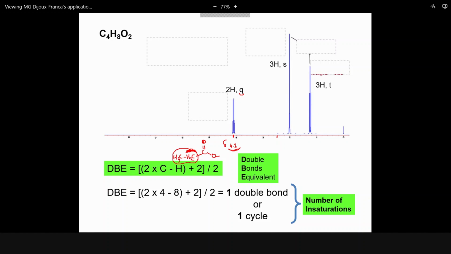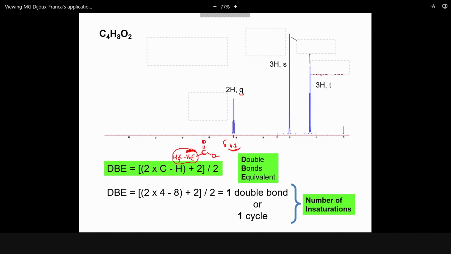As it is at 4.1, what do you think? Try again. Because of the chemical shift of this signal, the CH2 is not close only to a carbon and a double bond, because if you look at the table, it will be around 2.5, something around there.